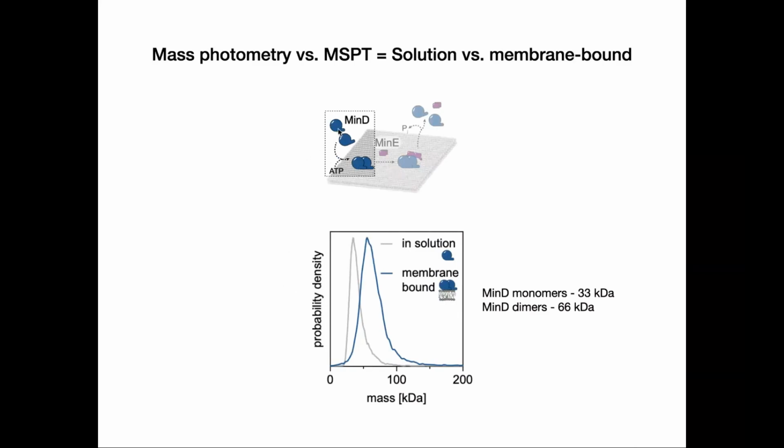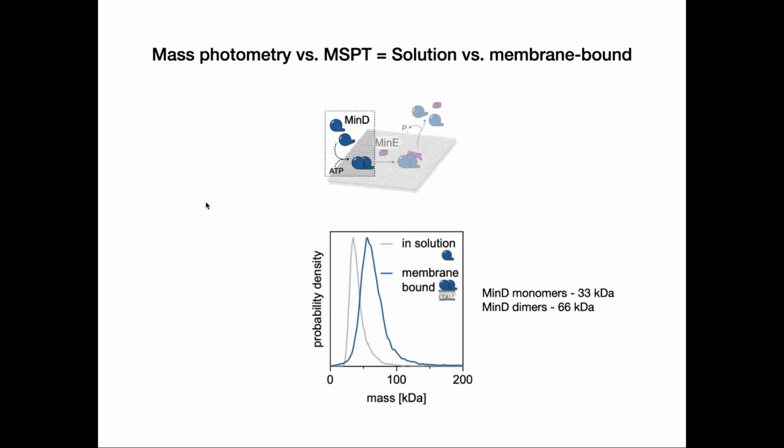In solution, we use a conventional mass photometry experiment, showing us a peak at around 33 kilodalton, which corresponds to MinD monomers. And on a sparsely populated membrane, we found that MinD mostly assembled into dimers, which basically confirms the existing model.